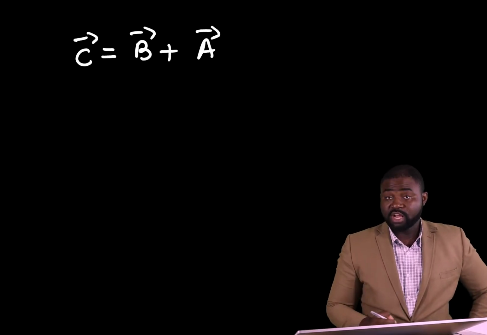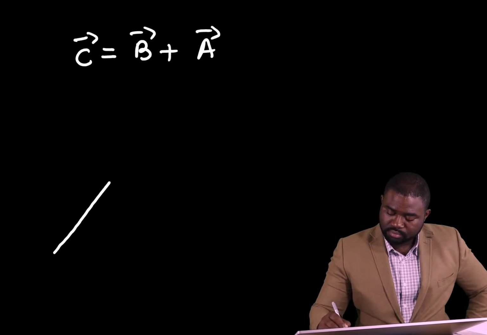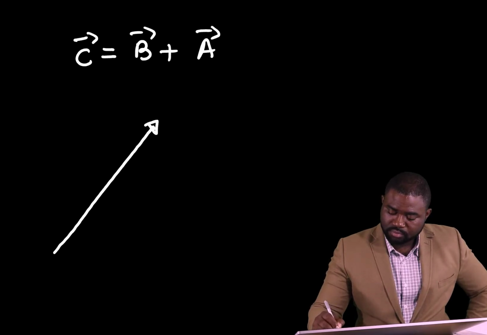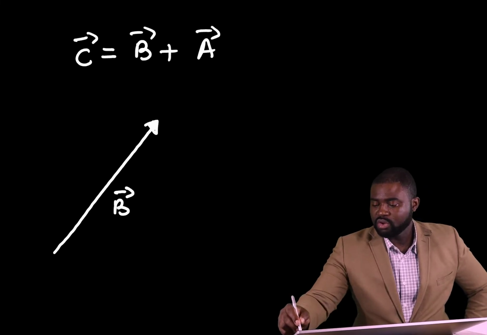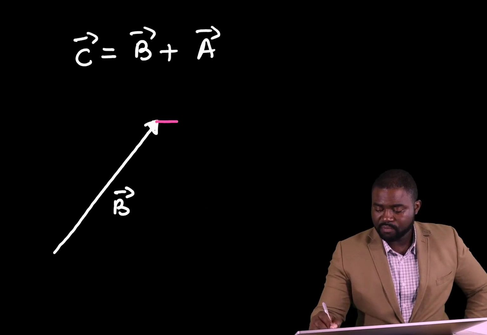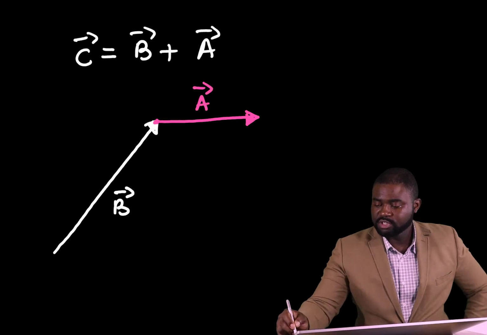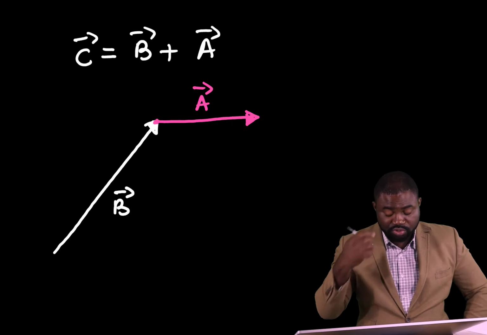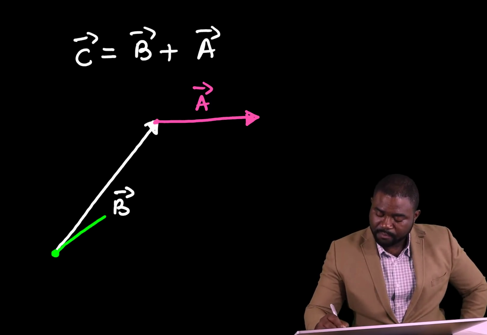B plus A, we start with vector B. This is vector B. Then we place the tail of A on the tip of B. This is vector A. The resultant will be a vector drawn from the tail of B to the tip of A.